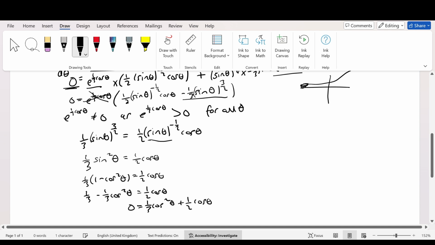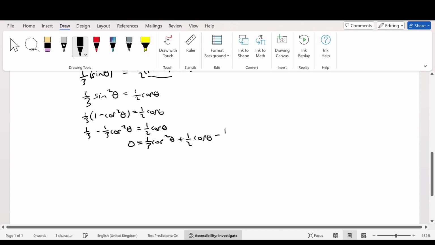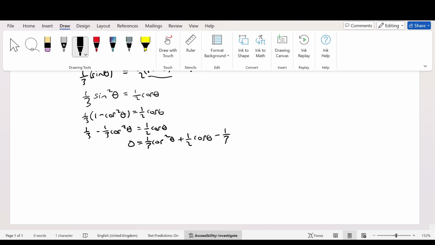Just checking I've done everything right up to now. Then if we try to factorize this somehow to get solutions for cos theta, what we can do is times everything by 3 and 2, so we get 2 cos squared theta plus 3 cos theta minus 2.